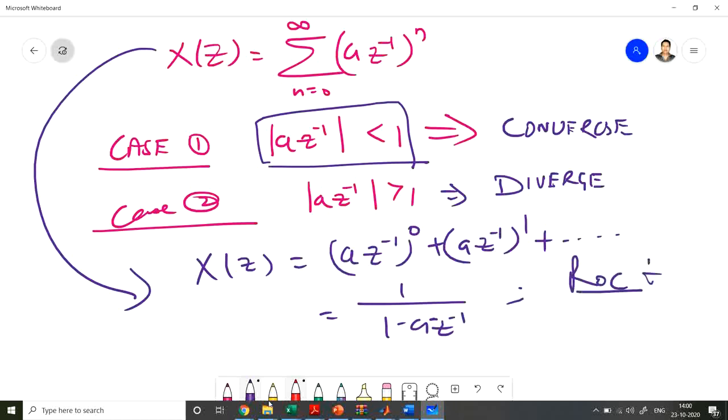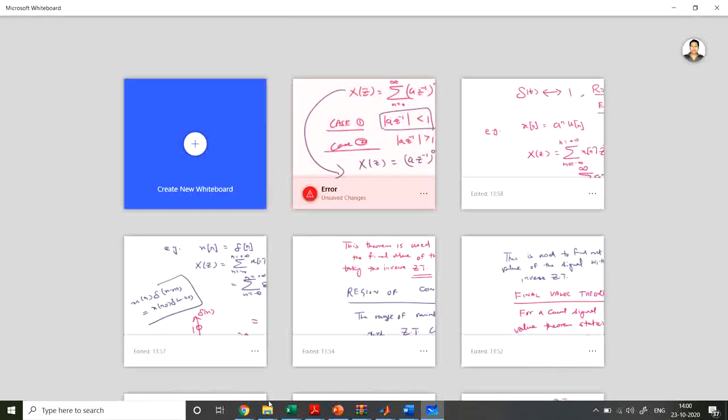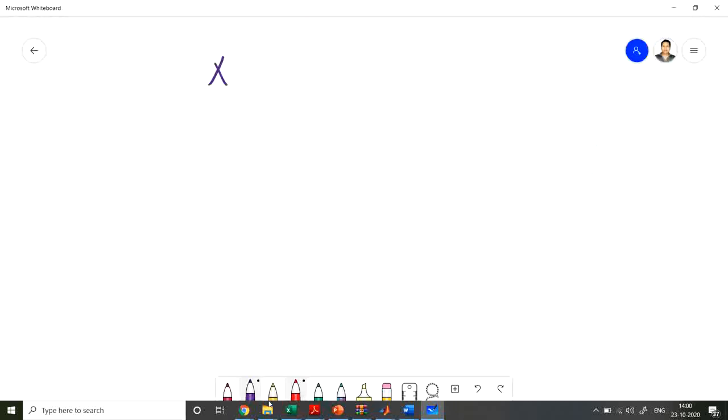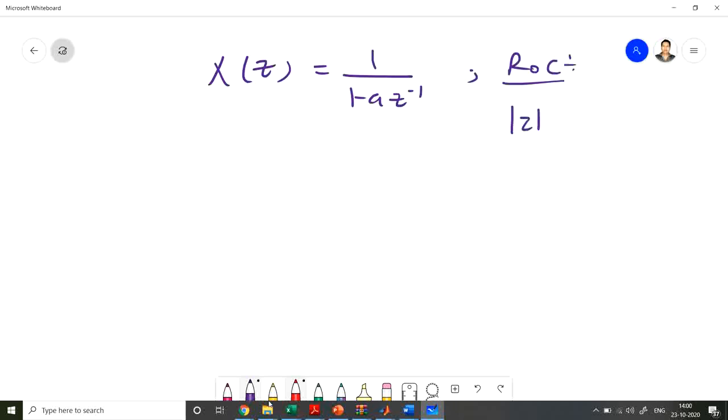If we write in this form, the modulus of a divided by z is less than 1, then mod a is less than mod z. So let us discuss this again. What we got here is that X(z) is nothing but 1 divided by 1 minus a z inverse, and the ROC is mod z greater than mod a.